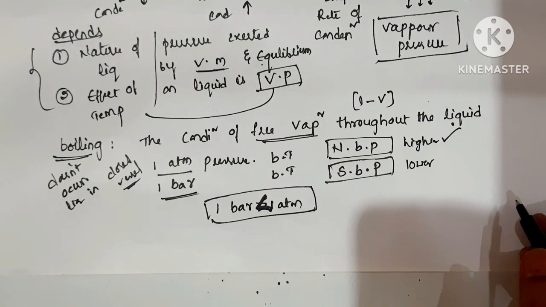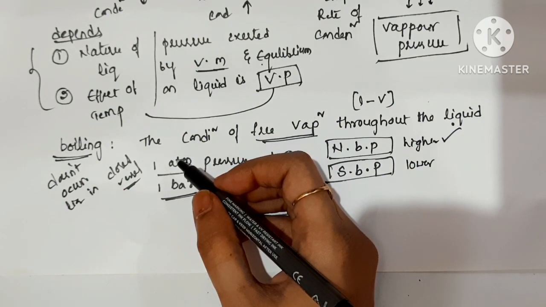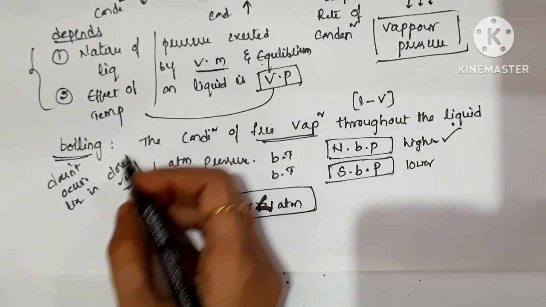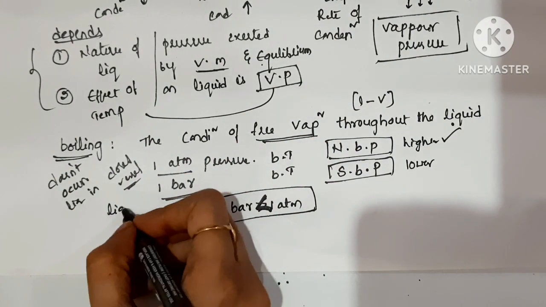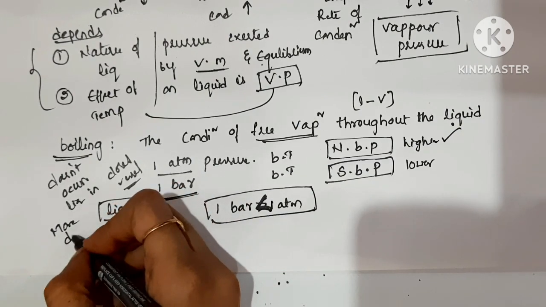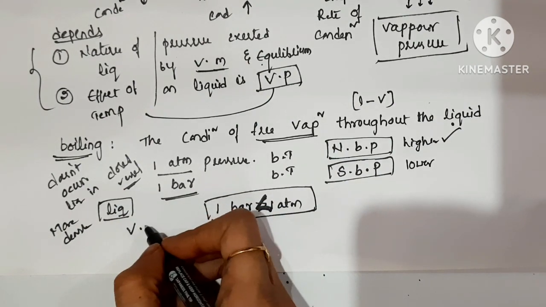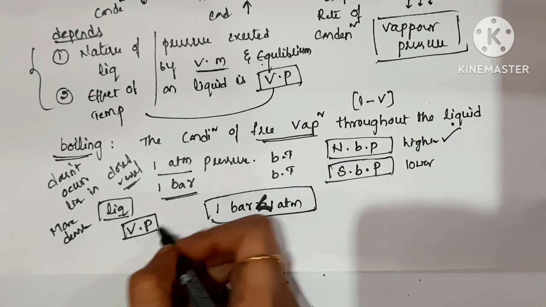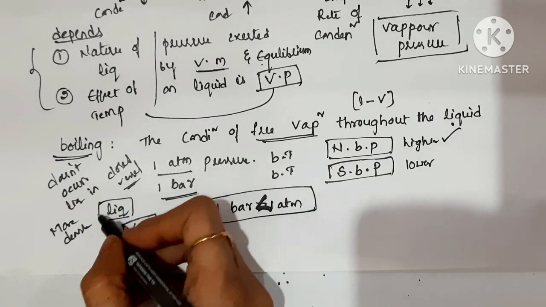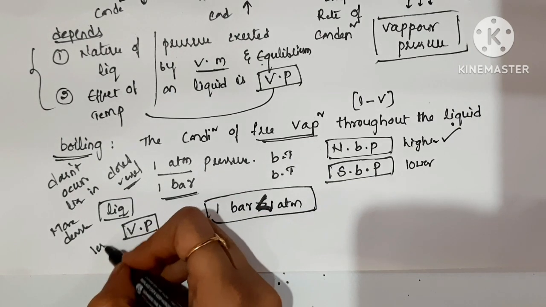So on heating continuously, the vapor pressure increases at first. The liquid is more dense than the vapor, obviously, right? So liquid is more dense, that means more weight, than the vapor phase. The liquid phase is more dense, whereas the vapor phase is less dense.